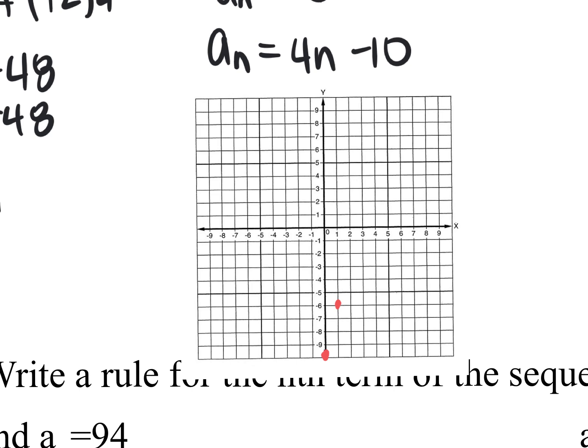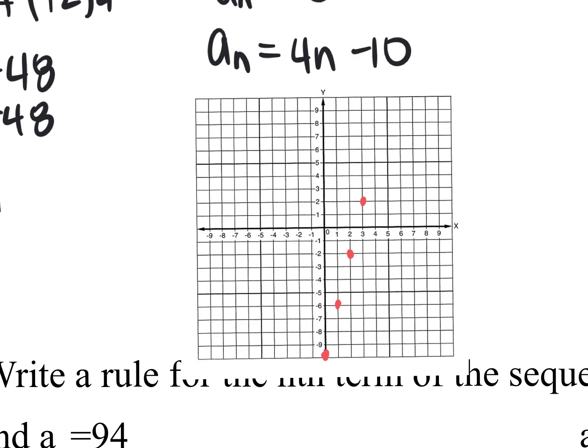So the second term is plus 4. The first term, the second term for 2 is what? Add 4. What do I get? -2? What's the next one? +2. What am I doing? I'm adding 4. I don't have to plug in 6 numbers.